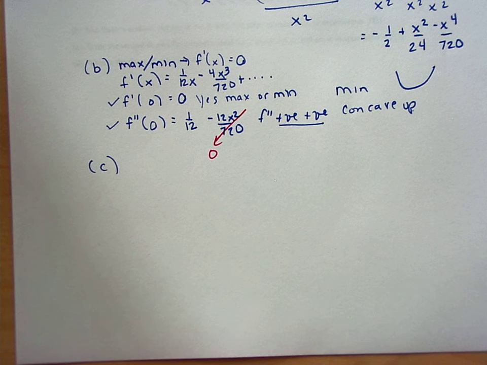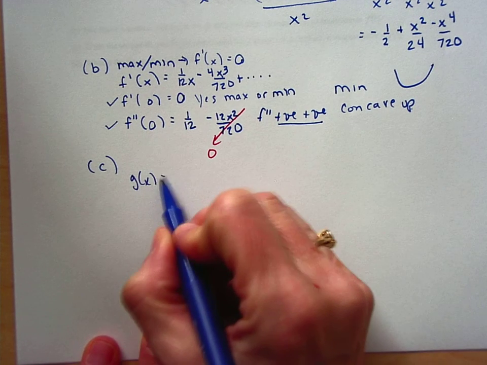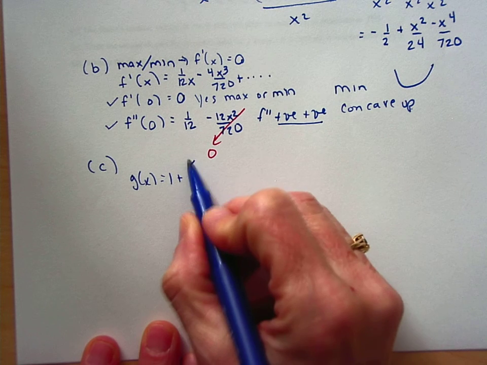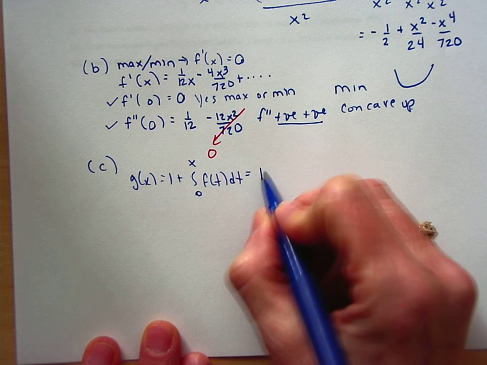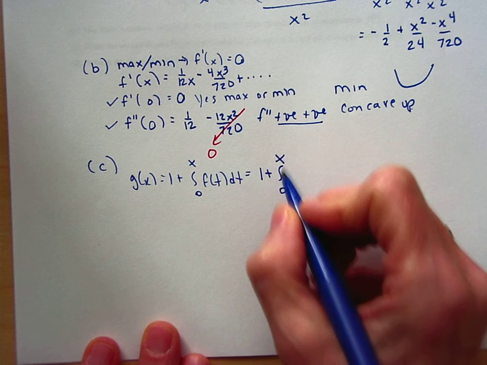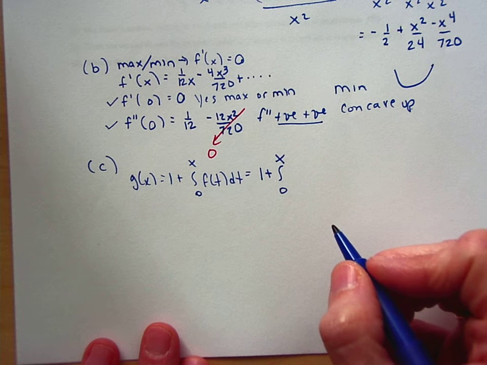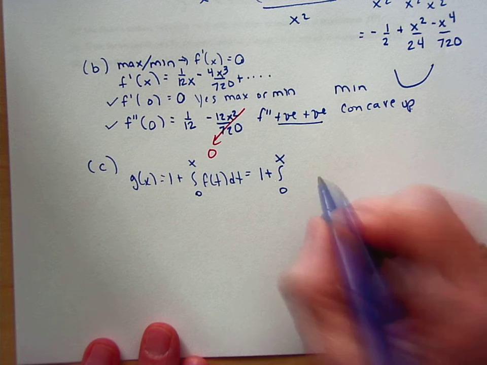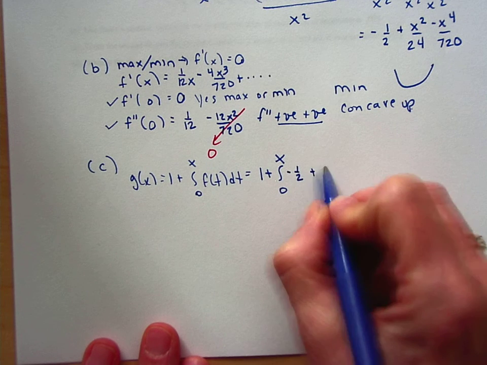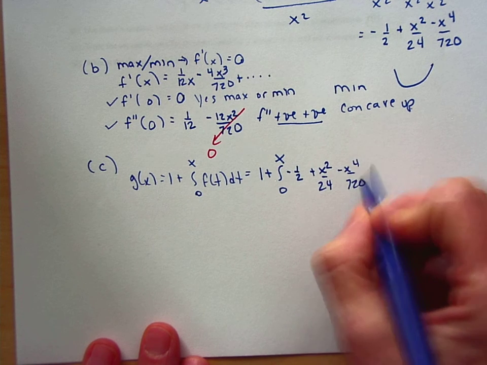C, write the fifth degree Taylor polynomial for g about x equals 0. So g of x is 1 plus the integral of f of t dt. So we're going to take 1 plus the integral from 0 to x, and for the 5th degree term, we have to integrate minus a half plus x squared over 24 minus x to the 4th over 720 with respect to x.